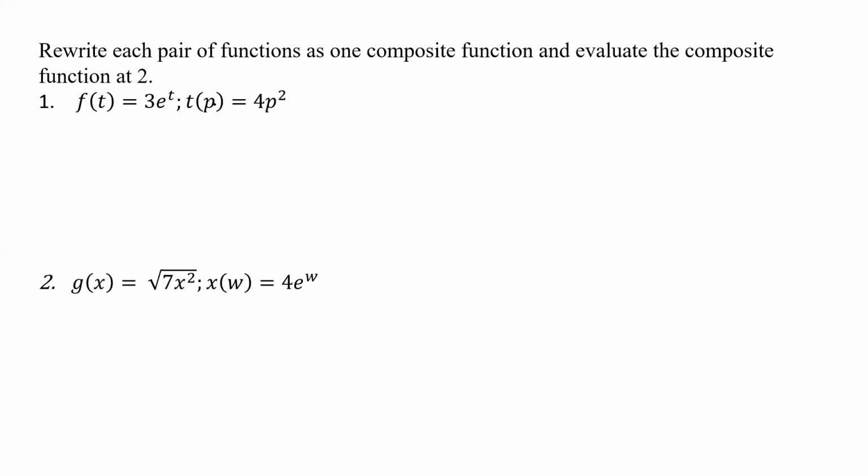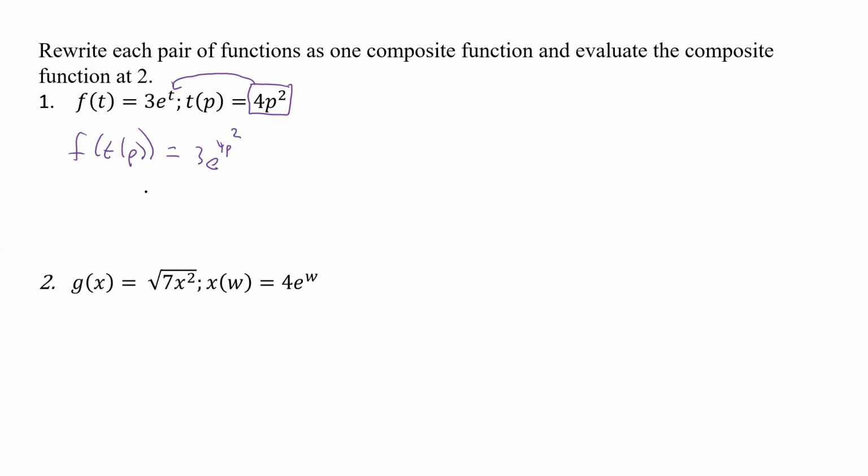Well, looks like we have to plug t into f of t, so we're going to plug this basically into this piece. So we're going to have f of t of p is equal to 3e to the 4p squared.